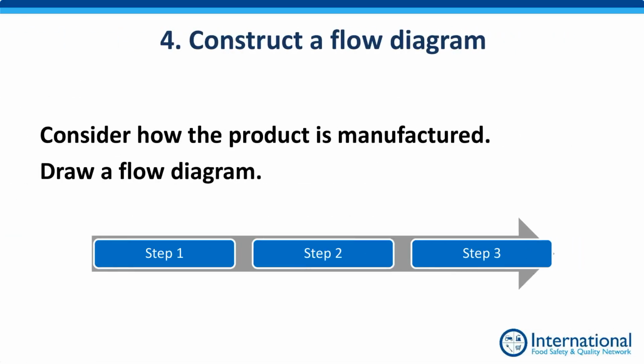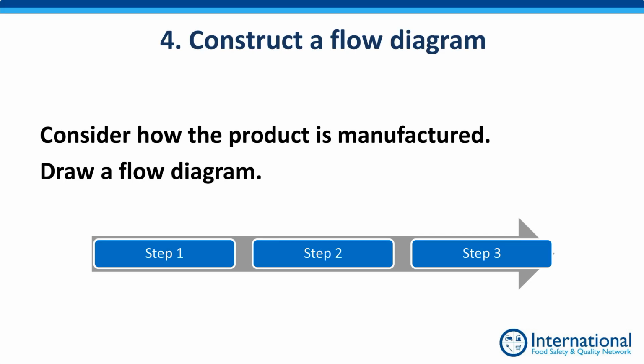The next step is to construct a flow diagram. A flow diagram covers all the steps in the production of a specific product, including any applicable rework. The same flow diagram may be used for a number of products that are manufactured using similar processing steps.